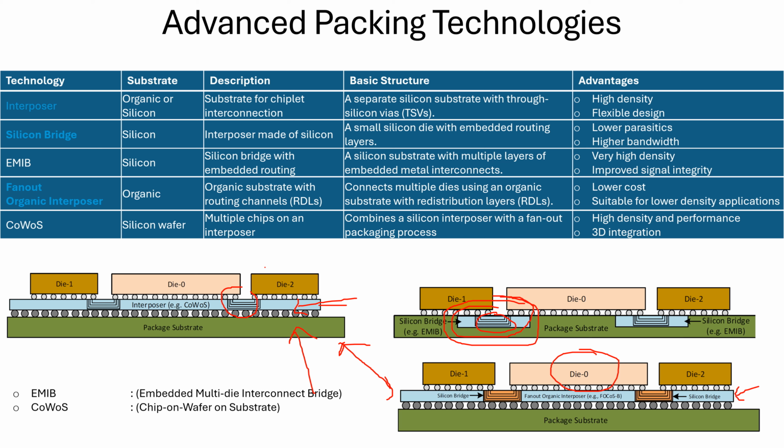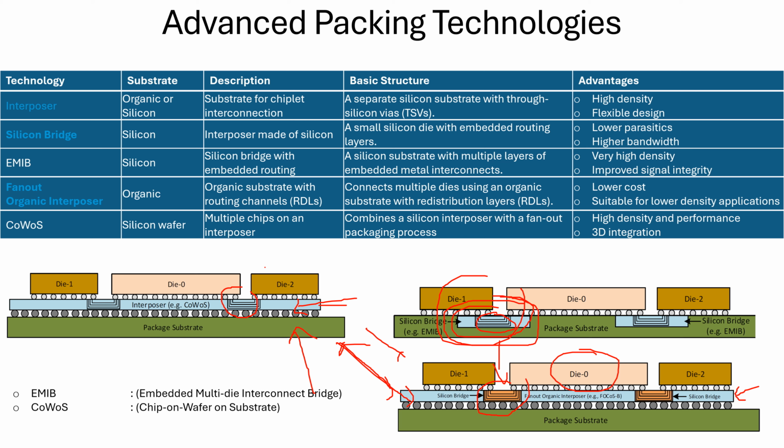This interposer is now organic. The second thing is that we have a silicon bridge in this case. It's a combination of this and this. So we have a silicon bridge of this type, and we have an interposer of this type, an organic interposer. What are the advantages?